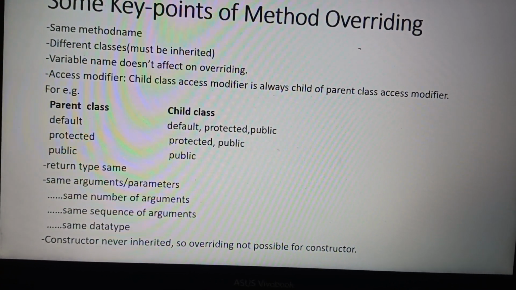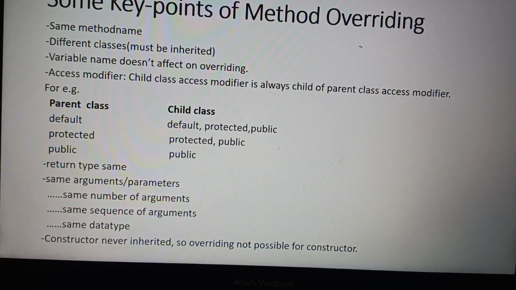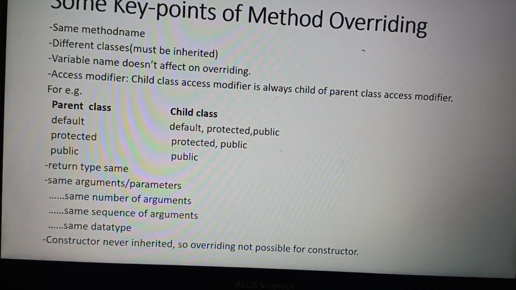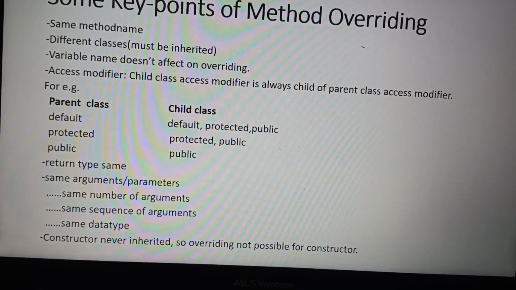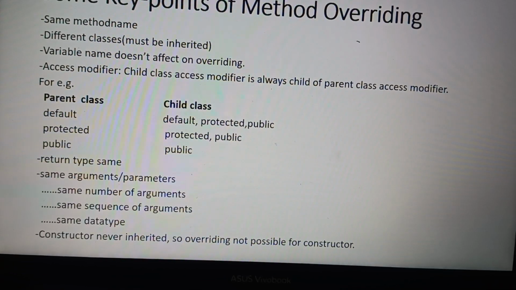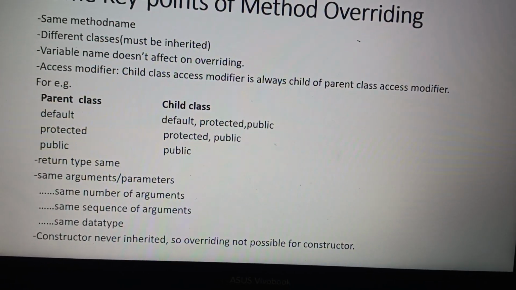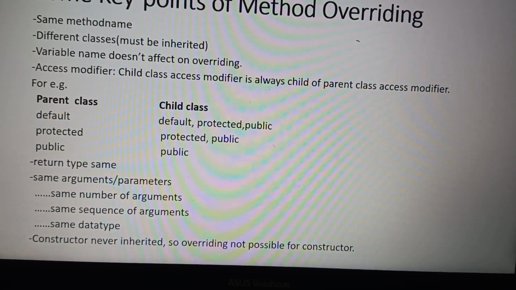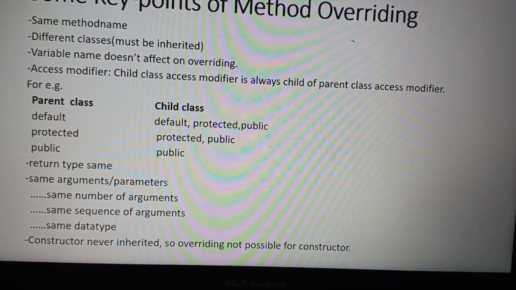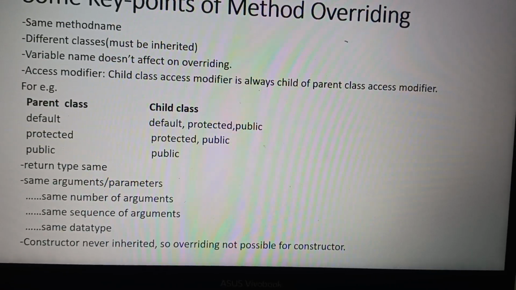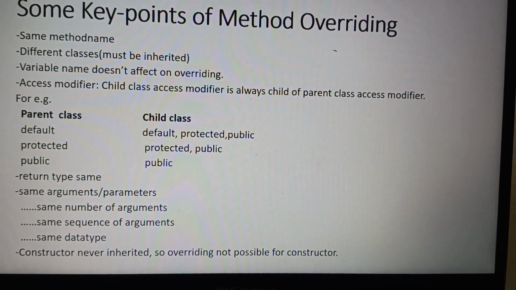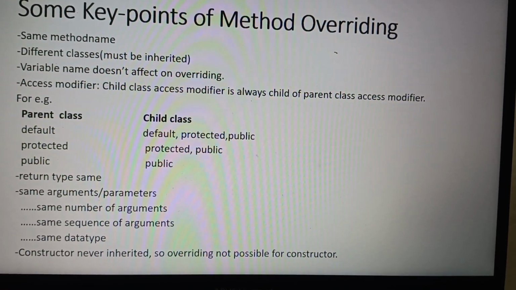So here in case of method overriding, different classes, and that classes must be inherited. That is, child class must be inherited from parent class. Then third one is variable name doesn't affect on overriding. We can use any variable name in case of parent class, and we can use any variable name in case of child class. Then access modifier.